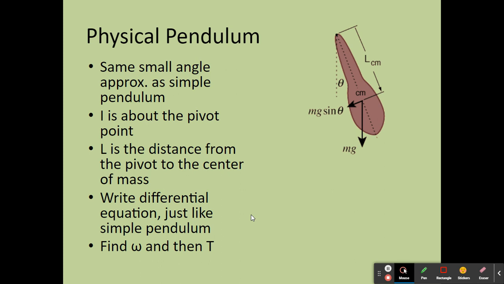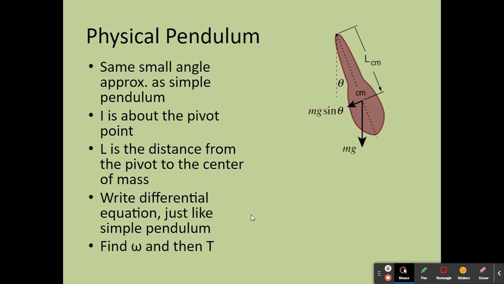So I is going to be something else. You know, if it's a sphere, it might be 2/5 mr squared, or if it's a rod rotating about an end, it'll be 1/3 mL squared, or something like that. L is the distance from the pivot to the center of mass.